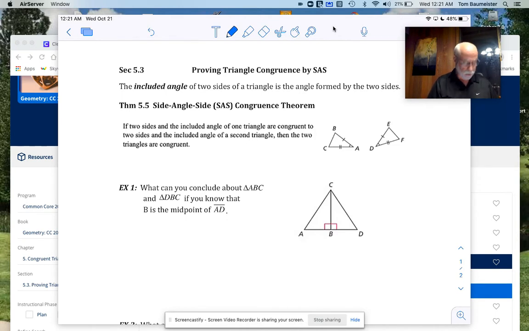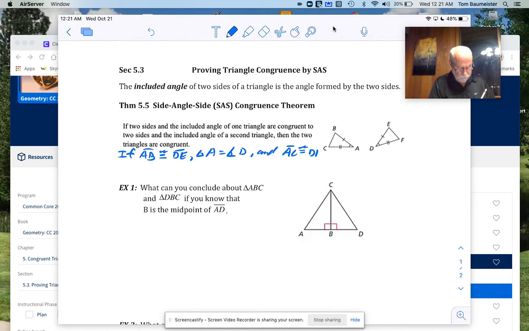I'm going to write it down in symbols: if AB is congruent to line segment DE, and angle A is congruent to angle D, and line segment AC is congruent to line segment DF.